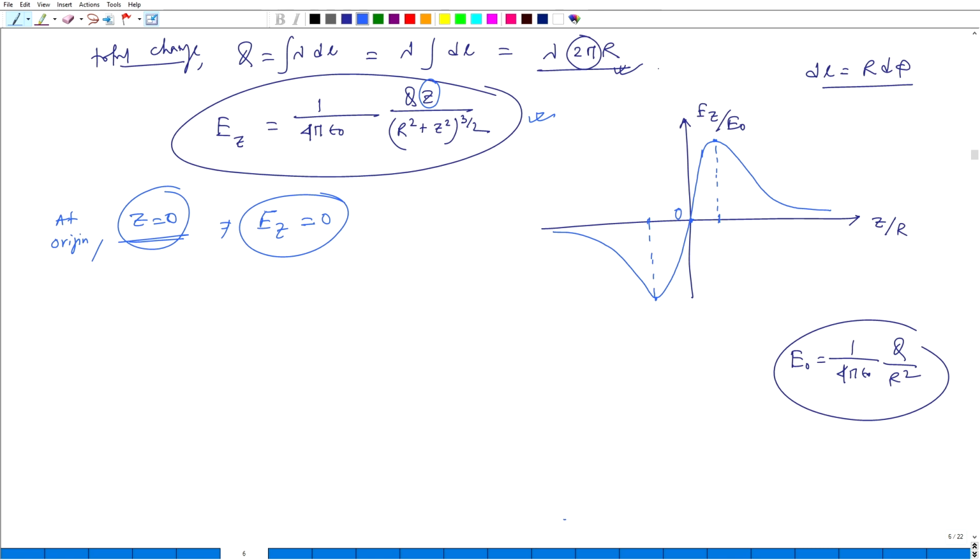To do so, we first take the derivative dEz/dz with respect to z.